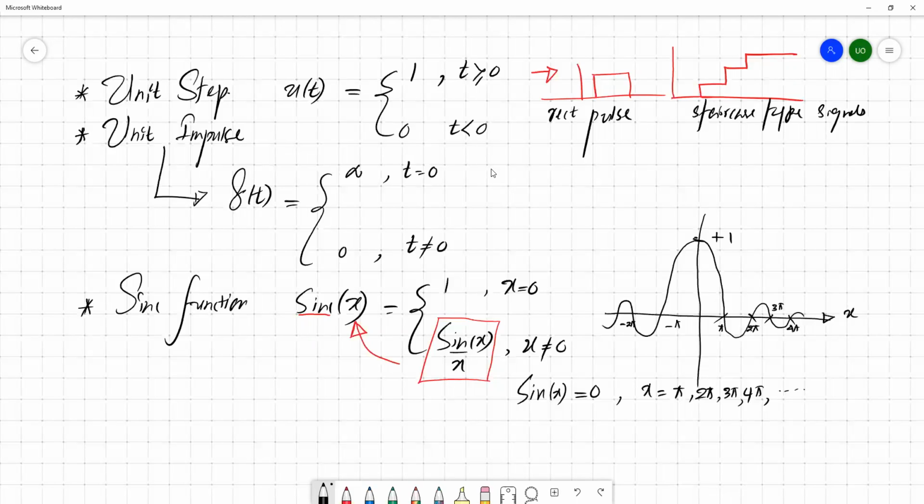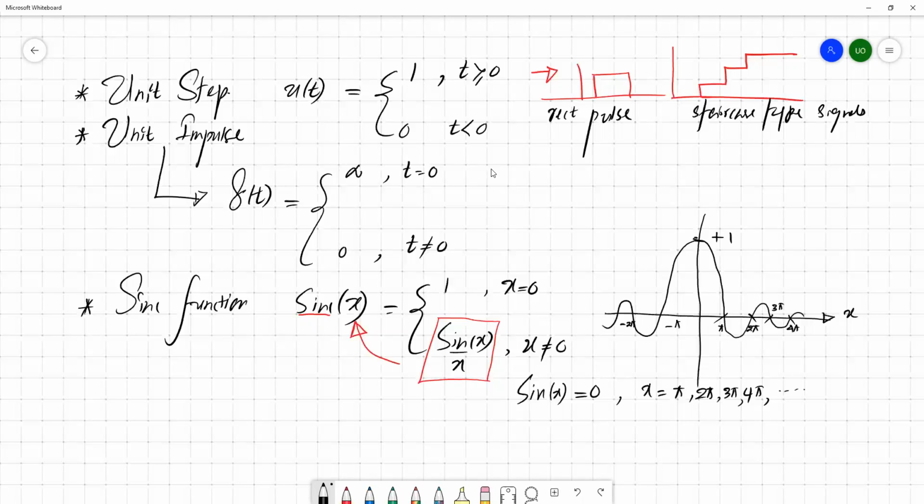Sinc x is defined as having a magnitude of 1 at x equals 0, and sine x over x for x not equal to 0. We know that if x equals 0, you cannot define sine x over x. So using a different approach, they define the value at x equals 0 as 1. Then for x not equal to 0, you can simply evaluate sine x over x as a ratio.